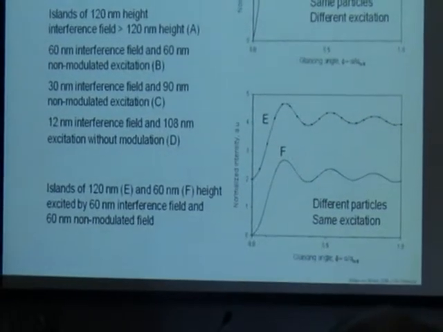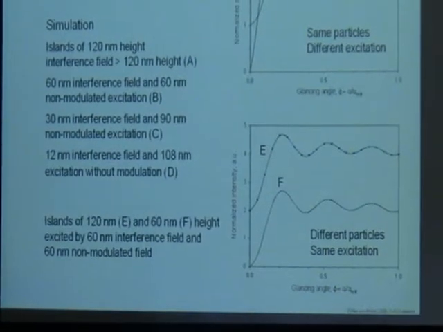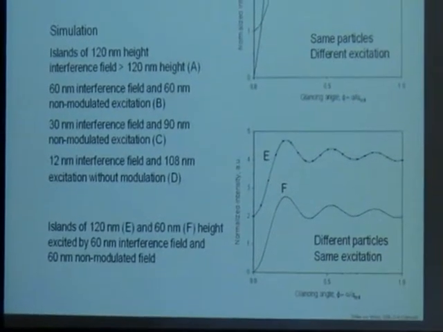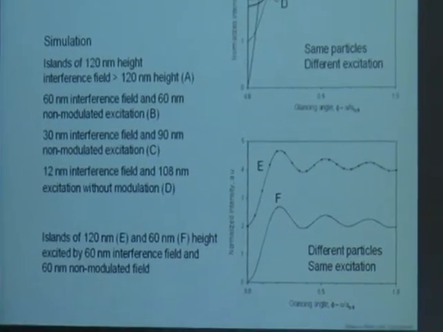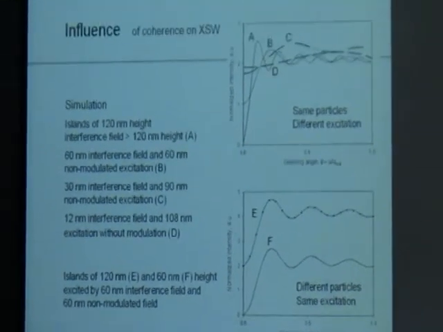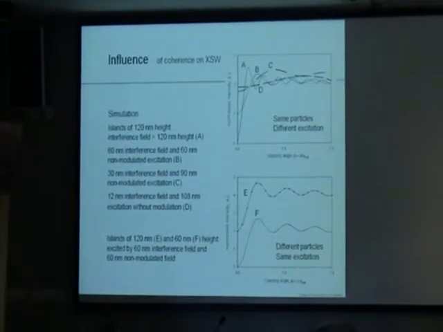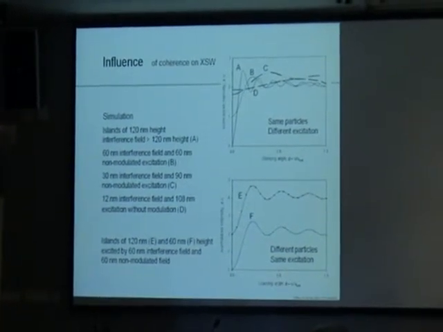At least you have 10% of coherence illuminating your ball or your island. In this case, you will get really flat information, no modulation. In the case of 2 different particles on the same excitation, you get these results.